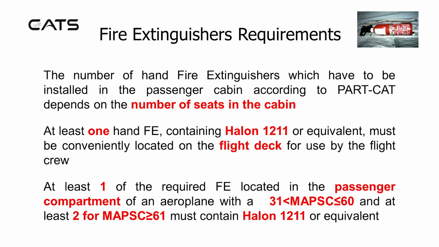Fire extinguisher requirements. The number of fire extinguishers which have to be installed in the passenger cabin, according to Part Cat, depends on the number of seats in the cabin. At least one hand fire extinguisher containing halon must be conveniently located on the flight deck for use by the crew.